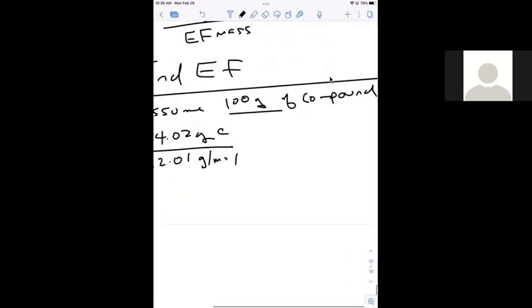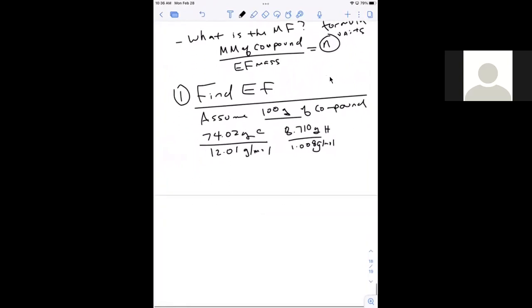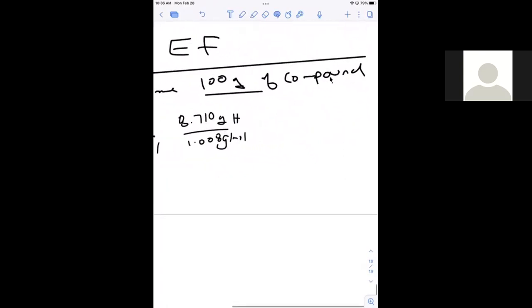We already have seen this. Then it'll be 8.710 grams of hydrogen divided by 1.008 grams per mole. And then the other part of that calculation is going to be for nitrogen, 17.27 grams divided by 14 grams per mole for nitrogen.